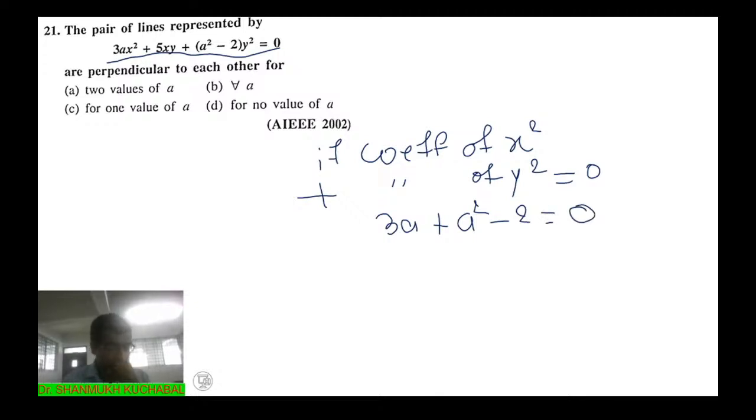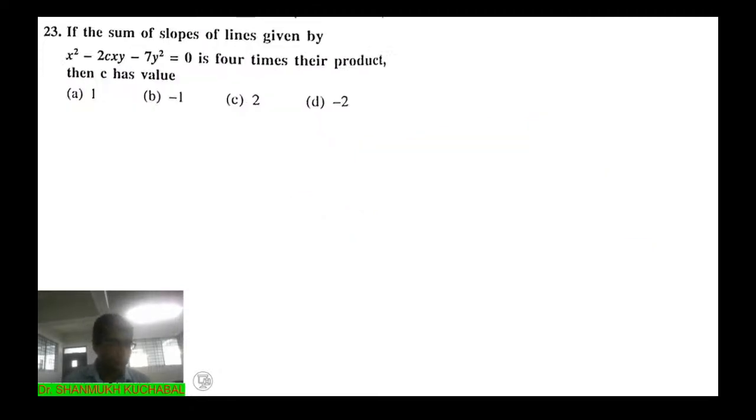Here we clearly observe that this gives us two real value solutions, because it is a quadratic equation. A quadratic equation leads to two solutions. So in option A, two values of a, option A is the right answer. We'll move to the next example.